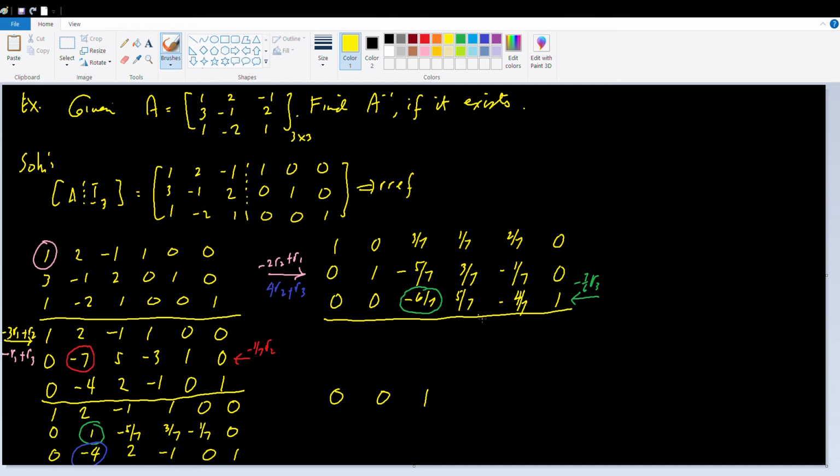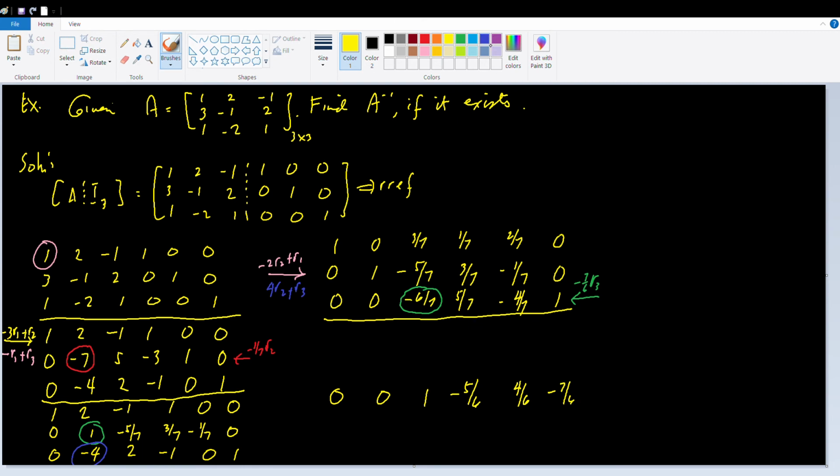And then 5 over 7 times negative 7 over 6 is negative 5 over 6. Negative 4 over 7 times negative 7 over 6 is positive 4 over 6, or 2/3. So let us leave it as it is, 4 over 6. Then later on, we'll just reduce it to lowest terms. And then 1 times negative 7 over 6 is negative 7 over 6.